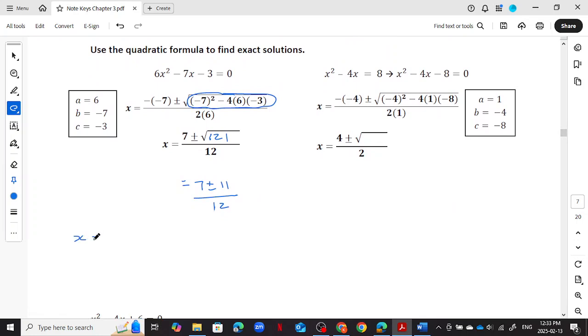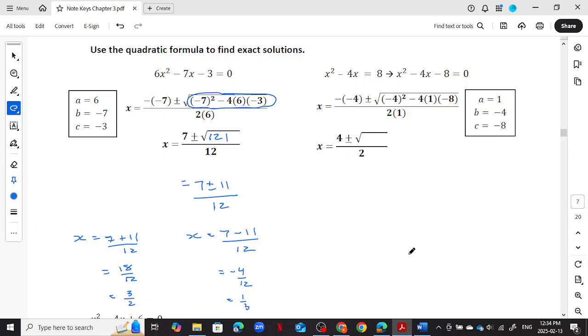One of the answers will be 7 plus 11 over 12, and the other answer will be 7 minus 11 over 12. If I have 7 plus 11 over 12, that gives me 18 over 12, and that would simplify to 3 over 2. If I have 7 minus 11, that's -4 over 12, which would simplify to -1/3.